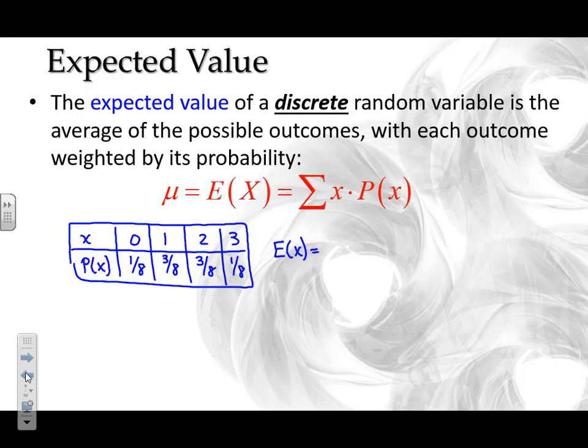So I start with my first value. So I'm going to take 0 times 1/8, plus my next value, which is 1 times 3/8, plus my next value, which is 2 times its probability, 3/8, plus my last value, 3 times its probability of 1/8.